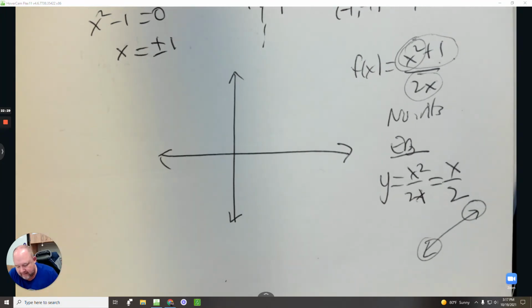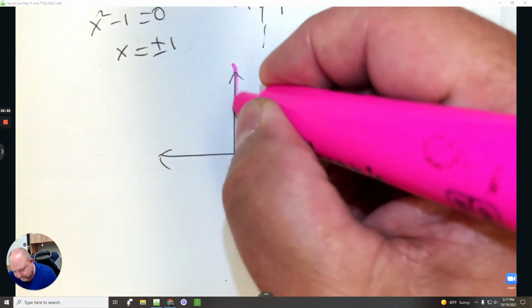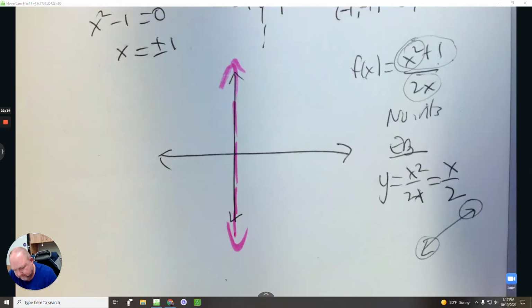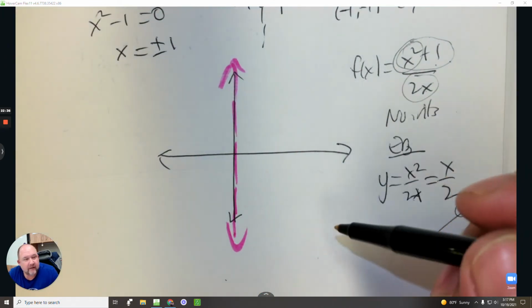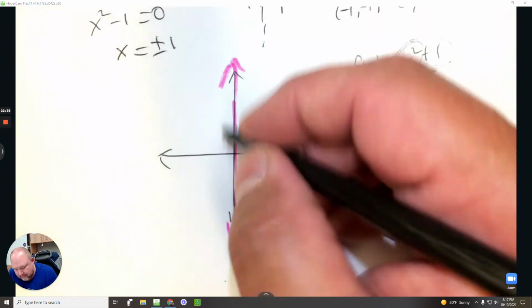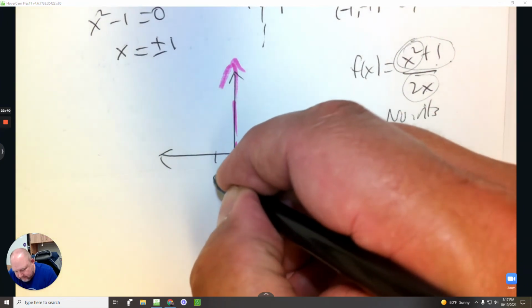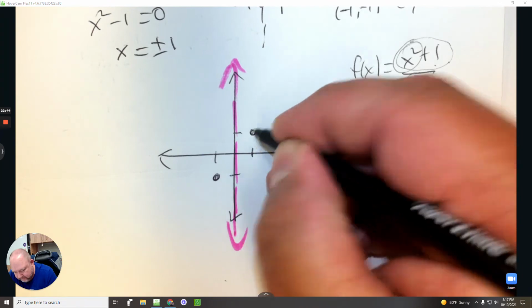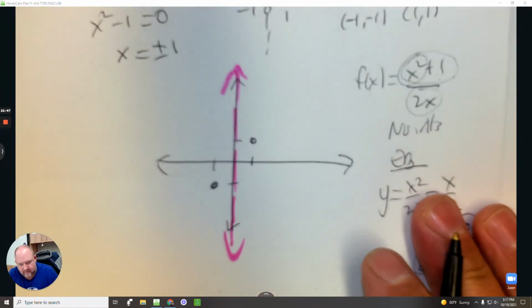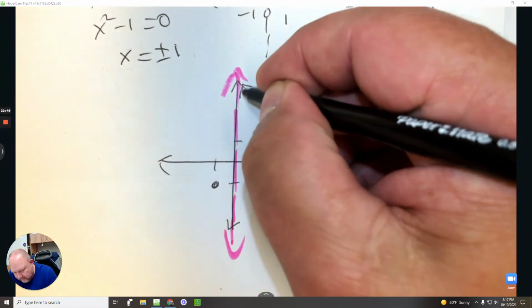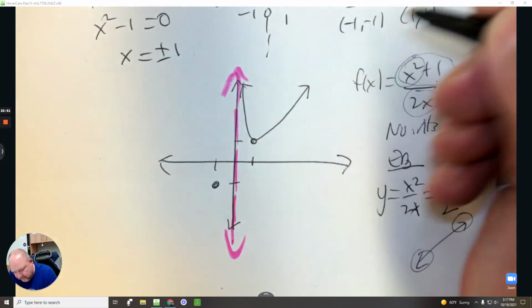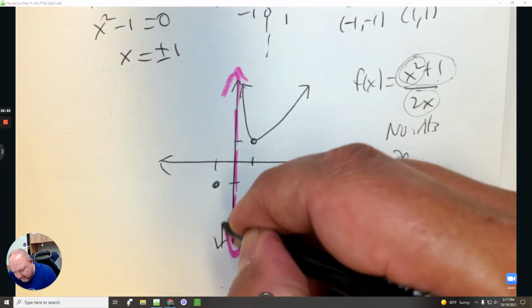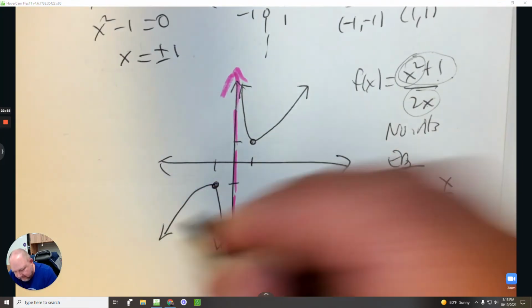At 0, we have an asymptote. We have a maximum at -1, -1. And a minimum at +1, +1. And so we know that the end behavior is going up to the right, and it's going down to the left.